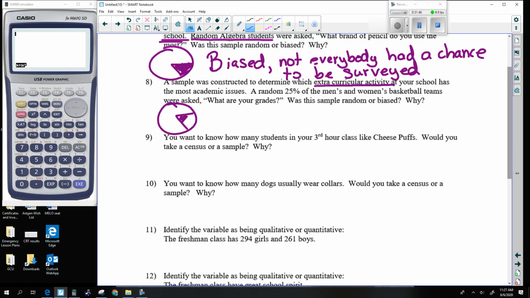That means there are other extracurricular activities that are not included in whom you asked. So your population is extracurricular activities, and you just asked the basketball teams. That's biased. Not everybody had a chance to be asked.